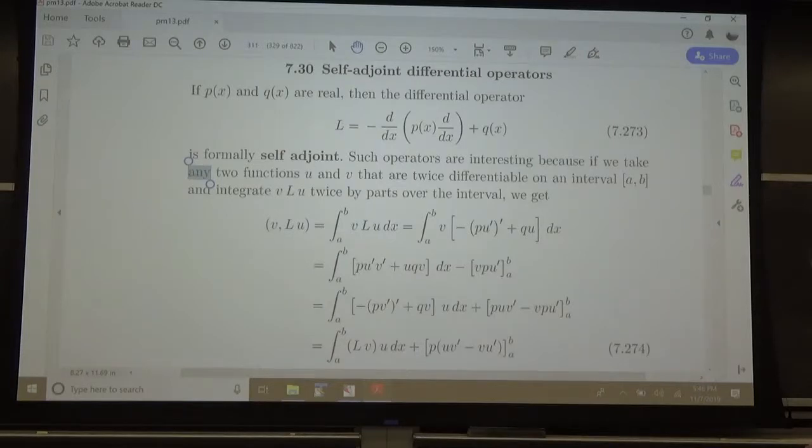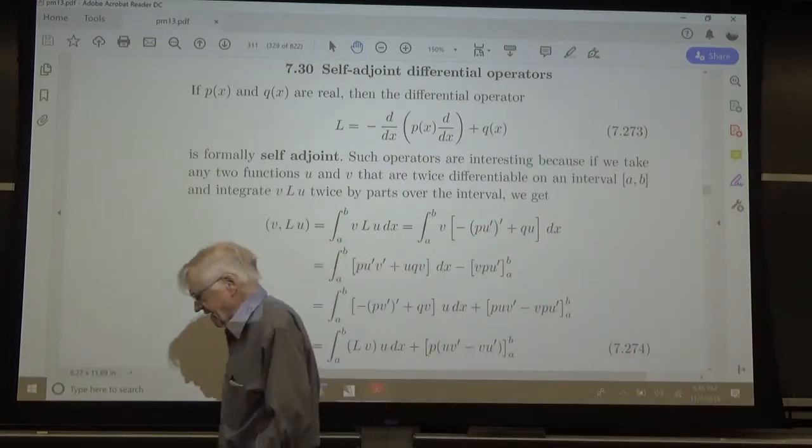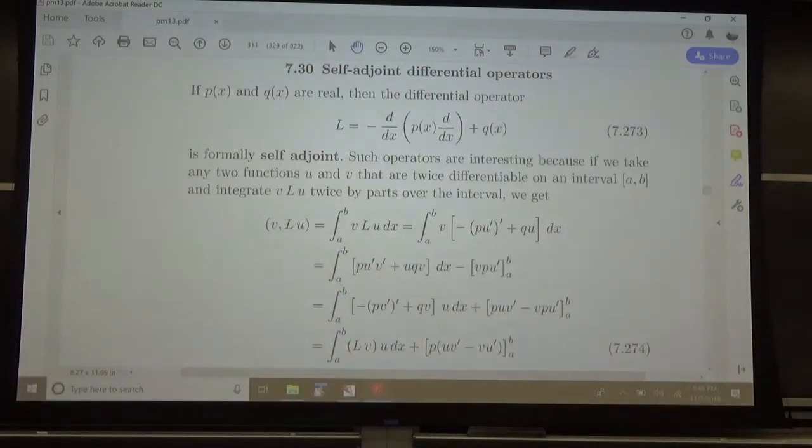I don't know why that thing is. So, an operator, a second order real differential operator of this form is said to be formally self-adjoint.